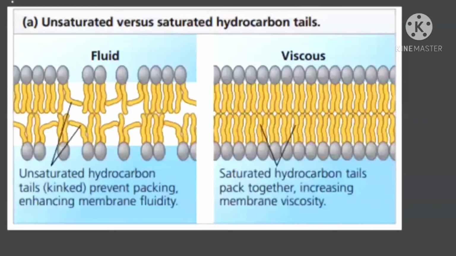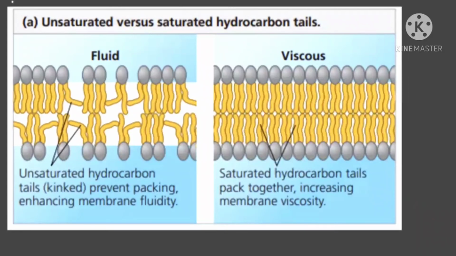Now see beta, try to understand. If unsaturated fatty acids are there, check in this first diagram. This is with respect to unsaturated fatty acids. When more unsaturated fatty acids are there, you can see the membrane is fluid. Why fluid?